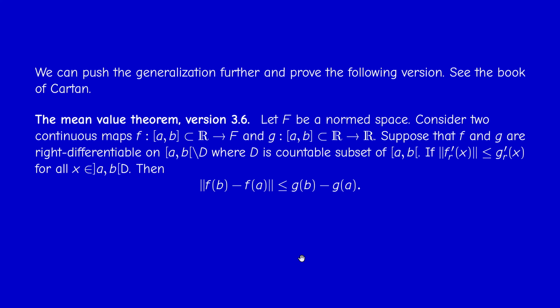The proof is in the book of Cartan. And by the way, to be honest, I never had to use this mean value theorem in this generality. So if you encounter an interesting application of this general result, let me know so I can include it in later videos. But honestly, I never had to use that.